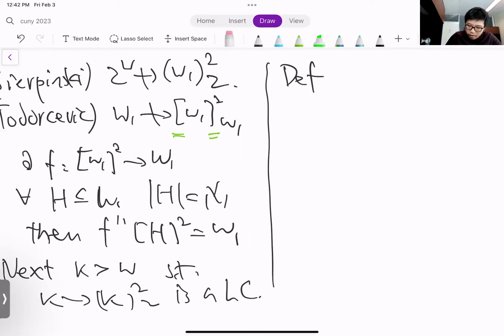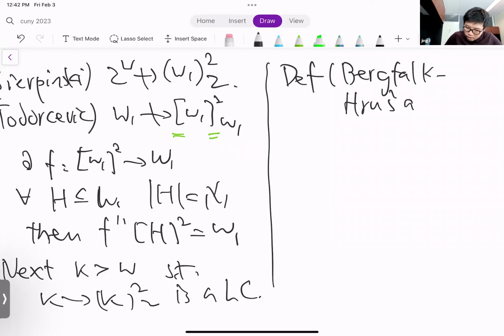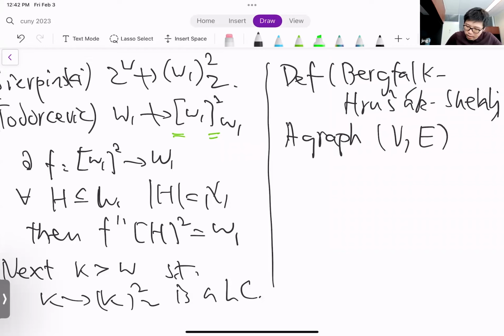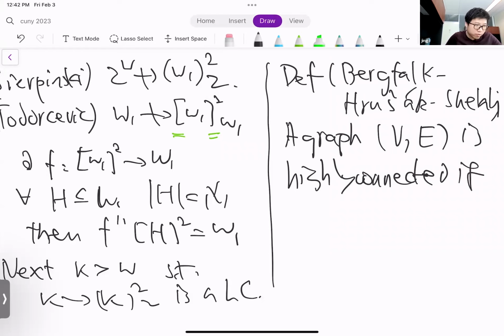So the central definition is the following. This is due to Bergfalk, Lambie-Hanson, and Šaroch. A graph (V, E) is highly connected if the following is true.